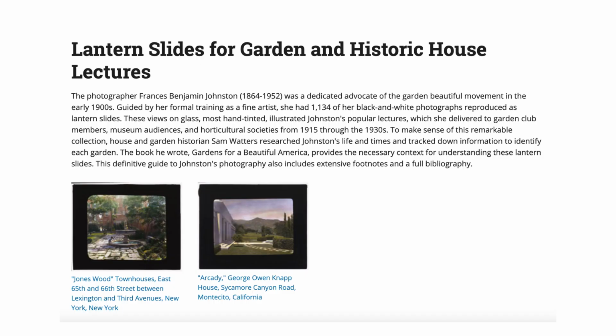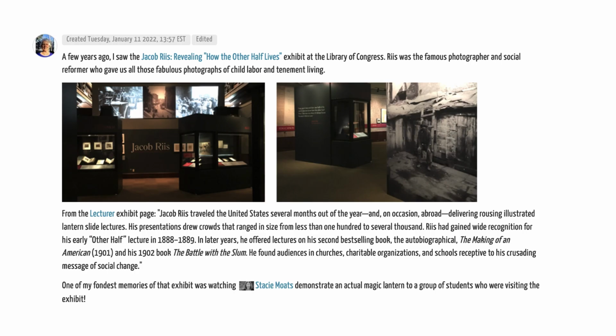And these are among the lantern slide collections in the Library of Congress that I identified when I first started looking at these. And Mary Johnson, one of our wonderful network leaders, was able to provide some images from a Jacob Riis exhibit that she had gone to at the Library of Congress.